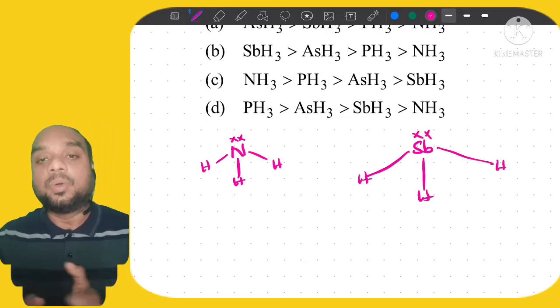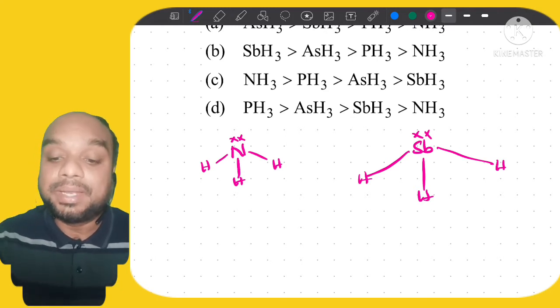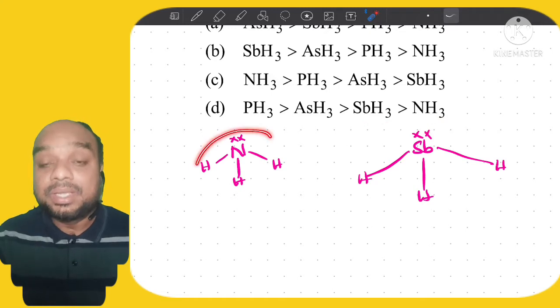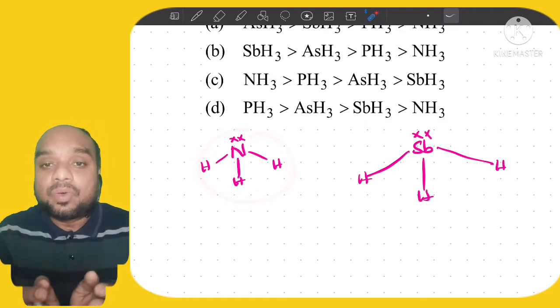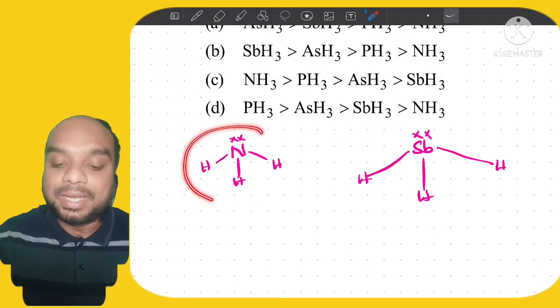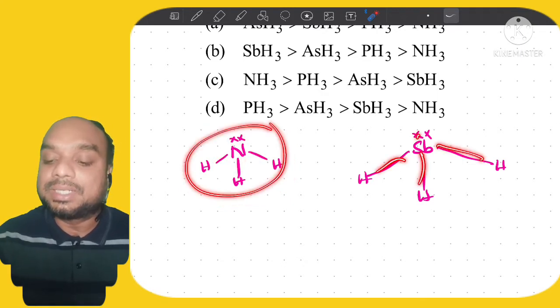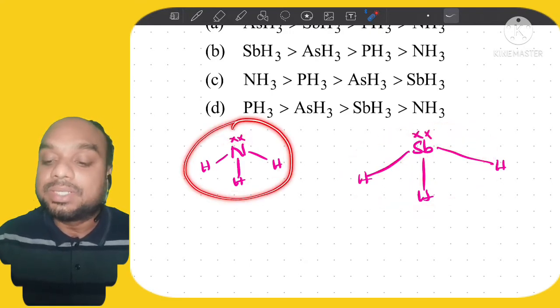Both have a lone pair and 3 bonds. But which has the large size? Stibine has the large size, and ammonia has the small size. Due to its small size, less volume, more electron density will be there. Each has 8 electrons, 3 bonds and 1 lone pair, but ammonia is small in size while stibine is larger.